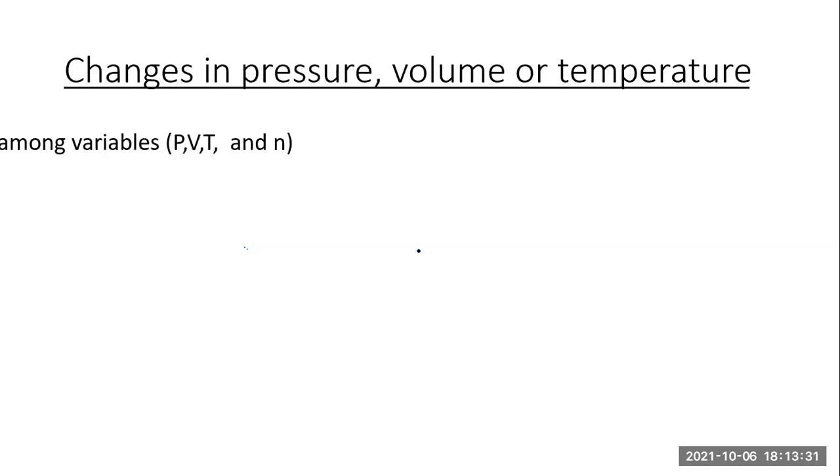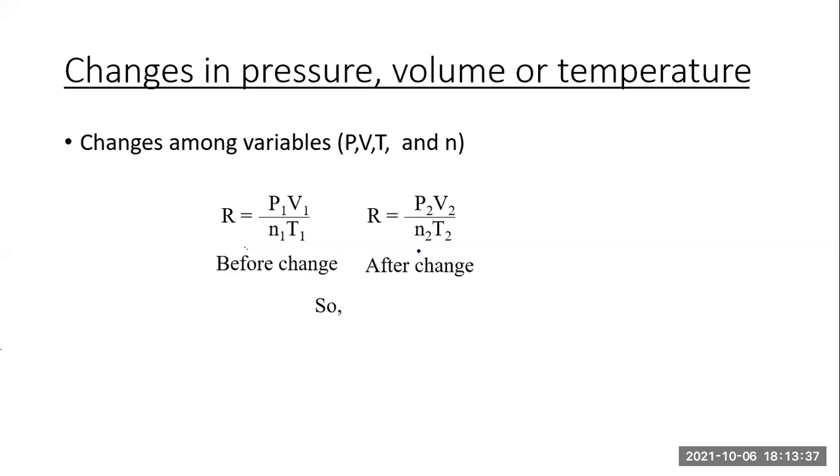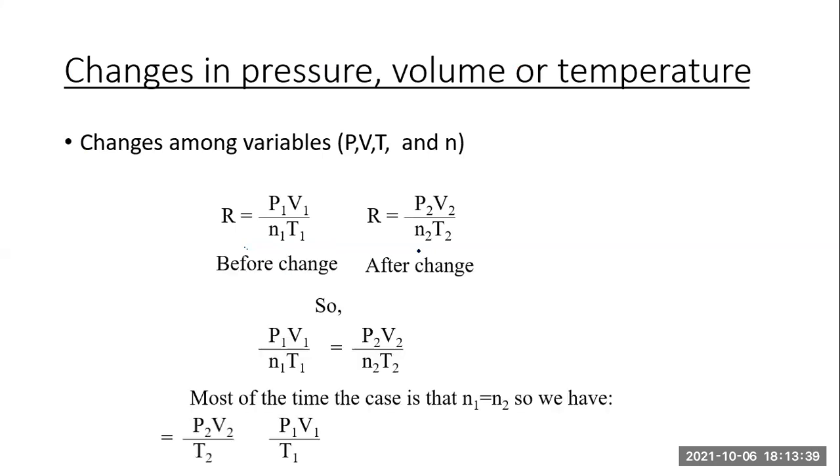Continuing on with our gas laws, we're going to add a little bit to it here. There is actually a situation where perhaps we could have changes in all three of the variables, pressure, volume, and temperature.